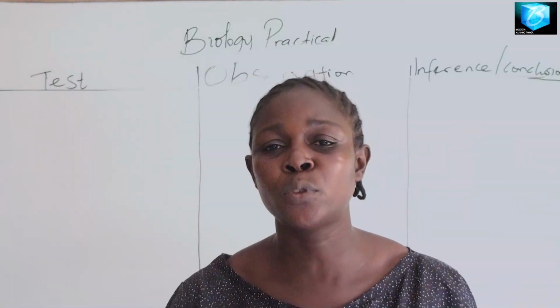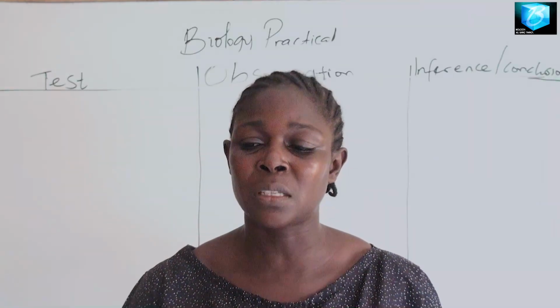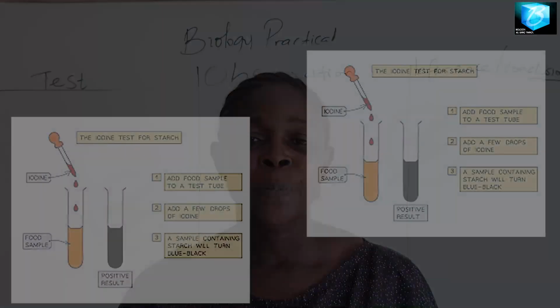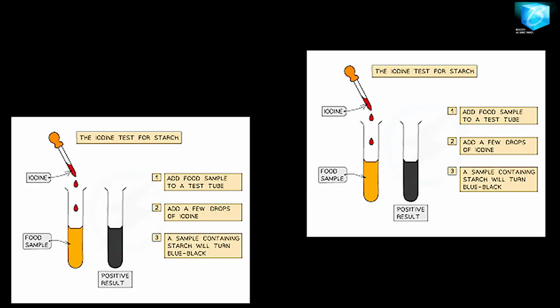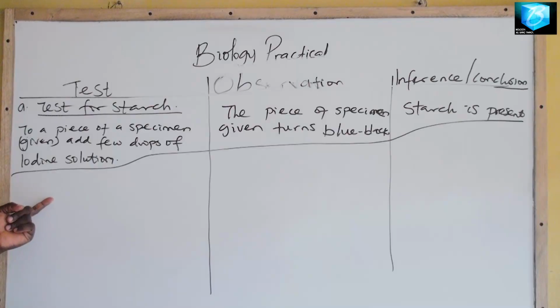Then you apply a few drops of iodine solution. Immediately you do this, you discover that the crushed maize grain will turn blue-black, and that is an indication that there is starch in it. Alright, this is how you are expected to write your results in biology practical when you are testing for starch.